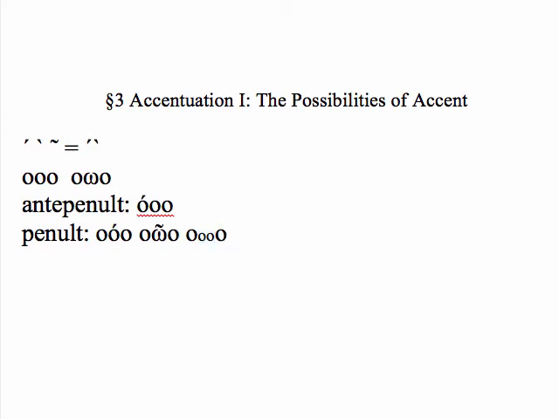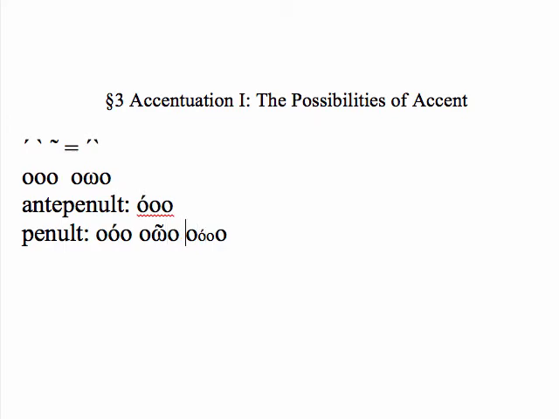So the scenario that this describes, if we look at it here, becomes clearer. What we've got is two shorts together, and we know that our accent can only go three back, right? And so here it is. And that's what I've got here.